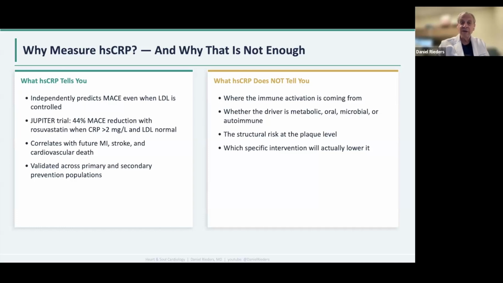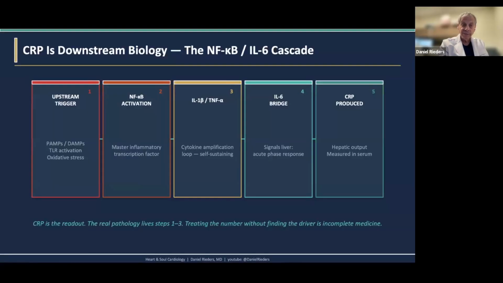And so even though the cholesterol is controlled, it's looking at something else and amplifying something else. It doesn't tell you where the problem is. That requires some further questions and testing or making assumptions. Sometimes when we make assumptions, we do the wrong thing.